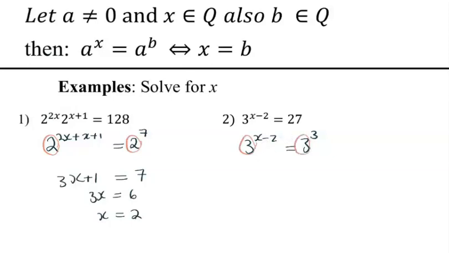Both of them are 3. So we can conclude that the exponents are the same. In this case, we have x equal to 5, solving a normal linear equation. Again, if we put the 5 in there, we get 5 minus 2, which is equal to 3, which will satisfy the right-hand side.